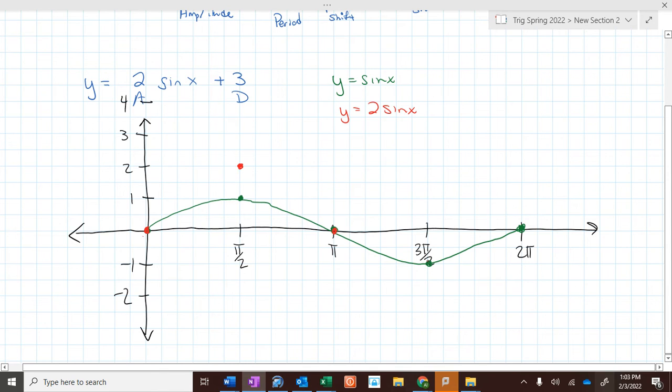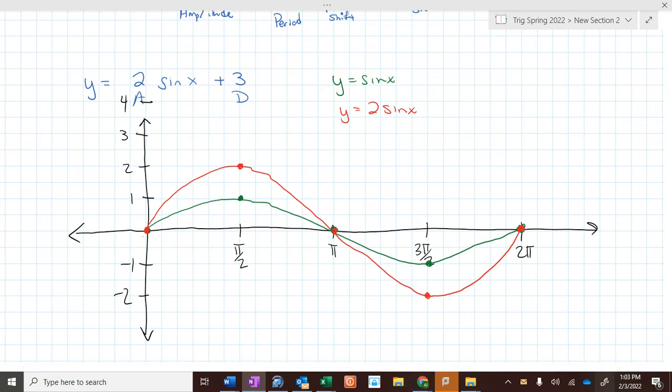What's 2 times negative 1? Negative 2. What's 2 times 0? 0. So my red graph is the smooth curve there.